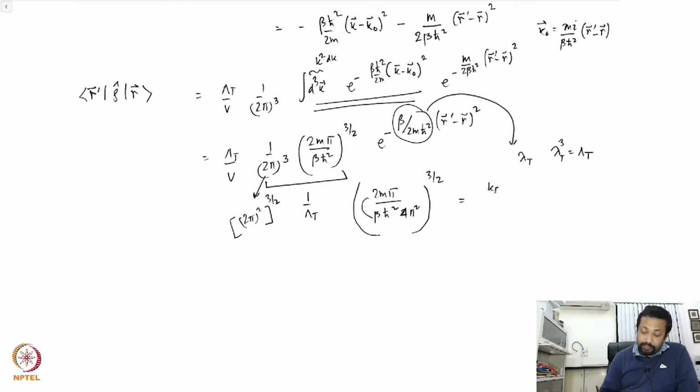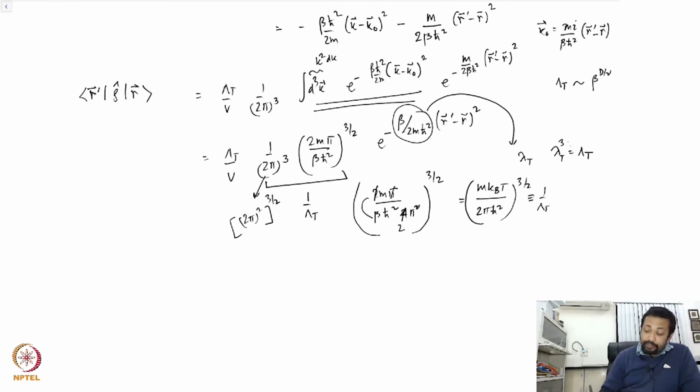Beta takes a kbt, m kbt, and then you have this gives you 2, this gives you pi, 2 pi h bar square raised to the power 3 by 2, which is exactly your 1 by lambda t, right? Recall, in the classical statistical mechanics, when we did calculate and define this de Broglie wavelength, we said that this quantity goes as beta to the power d by nu. In our case, it's beta to the power 3/2, and therefore you have this as 1 over lambda t.